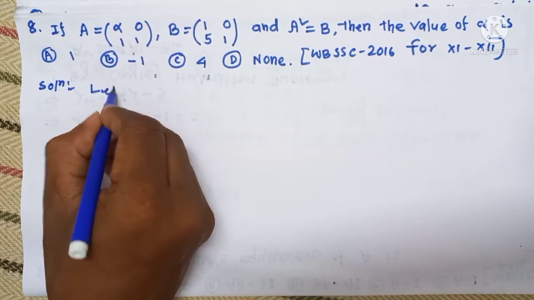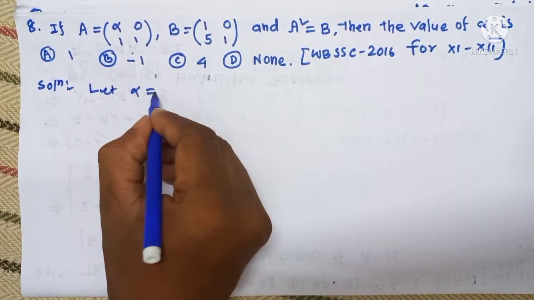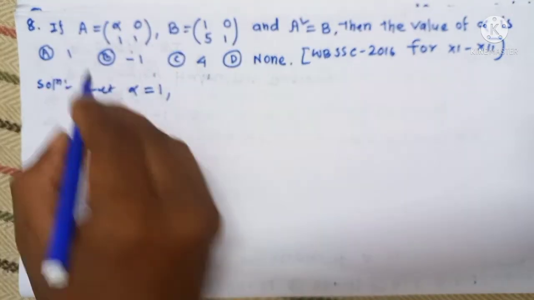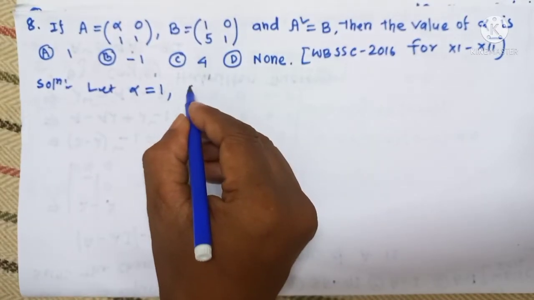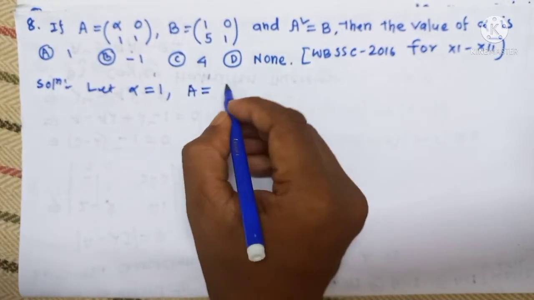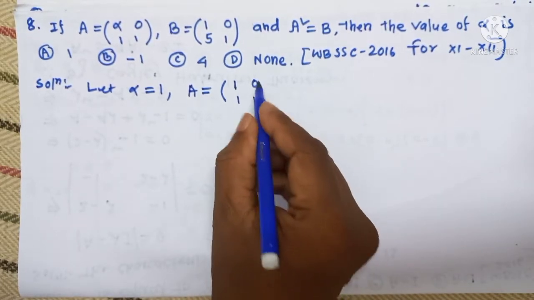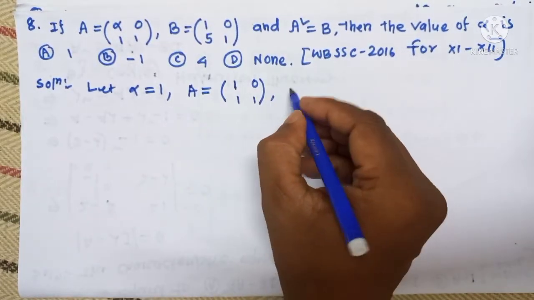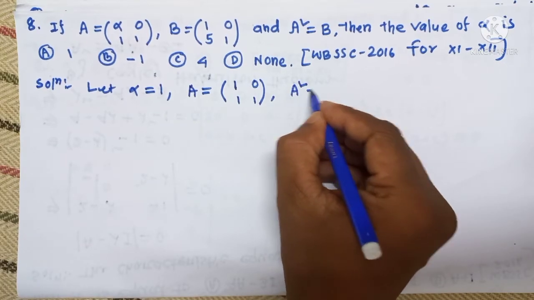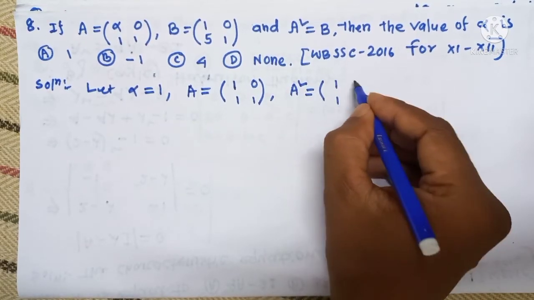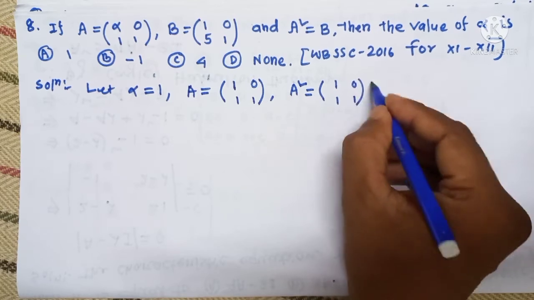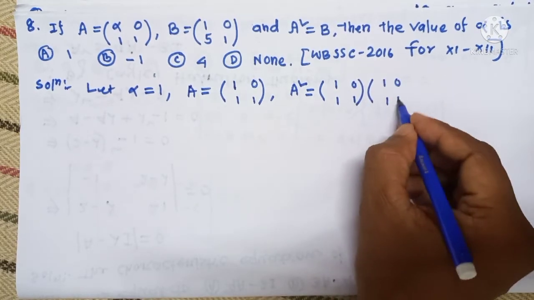Let alpha equal to 1, then we get A equals 1, 0, 1, 1. Then A square equals 1, 0, 1, 1 into 1, 0, 1, 1.